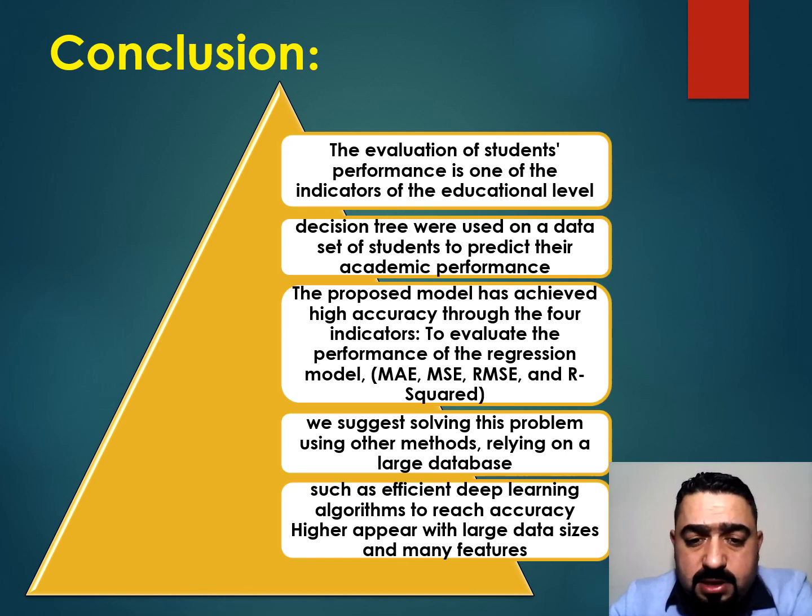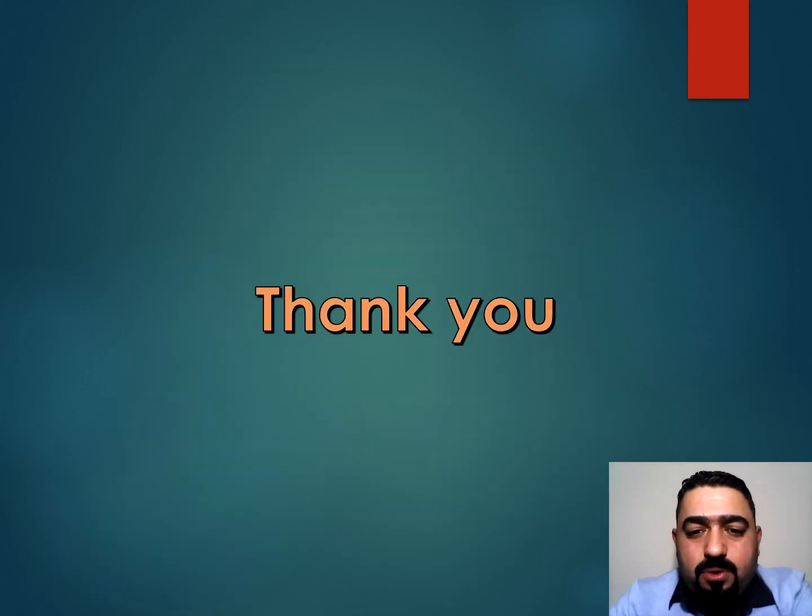We suggest solving this problem using other methods, relying on a large database, such as efficient deep learning algorithms, to reach higher accuracy with large data size and many features. Thank you for listening.